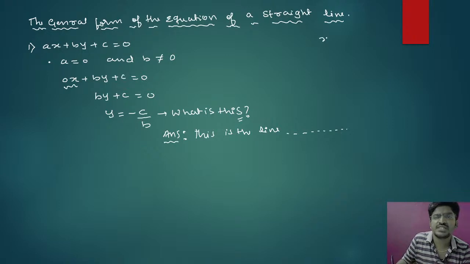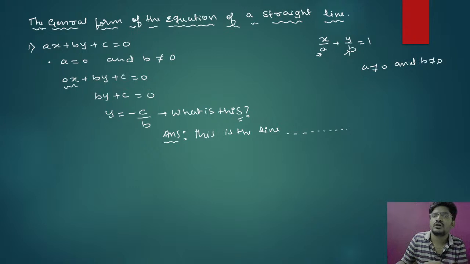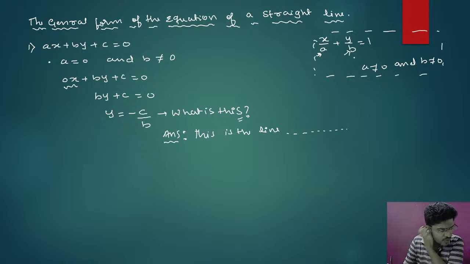My dear students, please see, if x by a plus y by b equal to 1 is present, then we say b is the y-intercept and a is the x-intercept. Here a is not equal to 0 and b is not equal to 0. In this situation, we say b is the y-intercept. Are you getting my point? Now you got a equal to 0 and y equal to minus c by b.